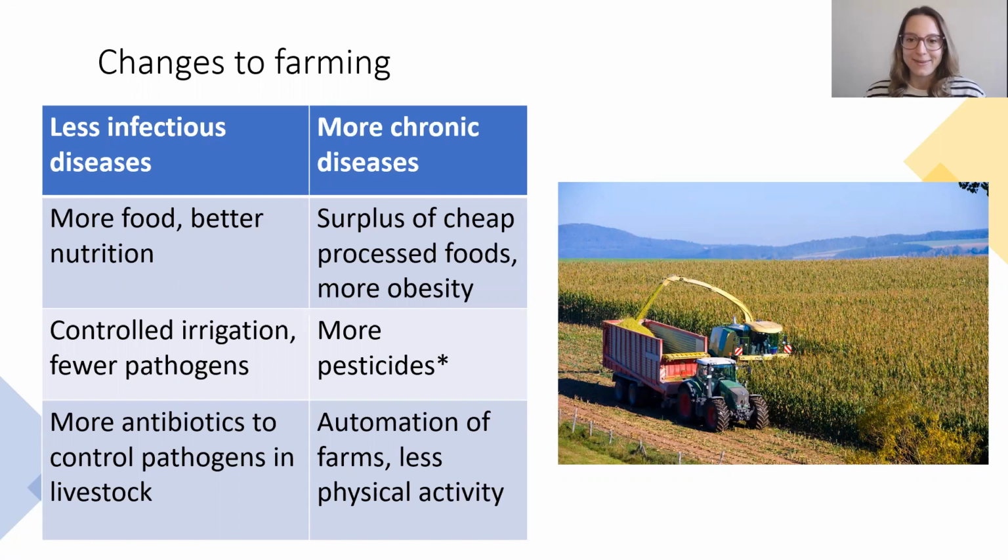Now, another interesting way that it has perhaps affected chronic disease is through the use of pesticides. Now, I put a little asterisk here on this slide because it's currently still up for debate in terms of what chronic disease impacts might be associated with pesticide exposure.